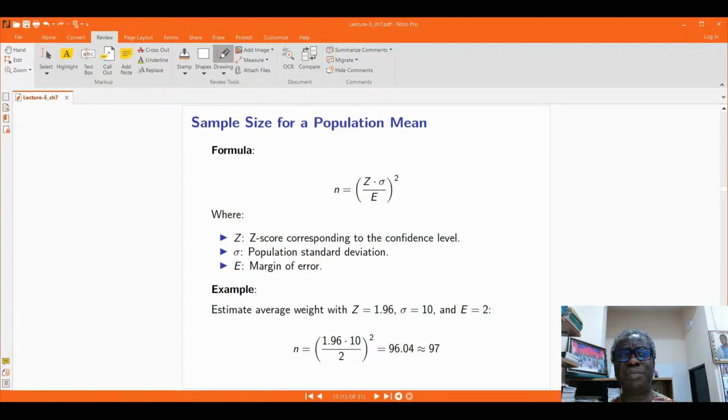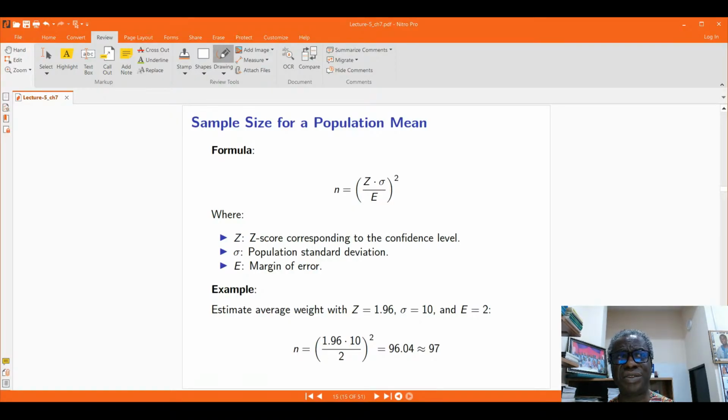So to determine the appropriate sample size, you need to determine three quantities. One is the confidence level, and you need that to be able to determine the Z score. So the Z score that corresponds to the confidence level you have chosen will be used.